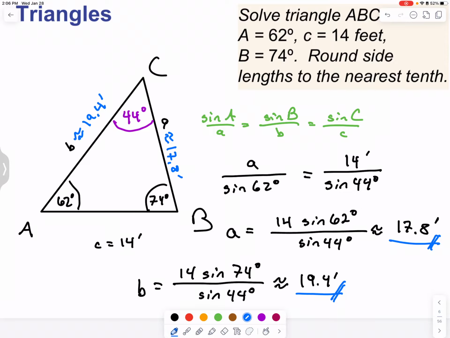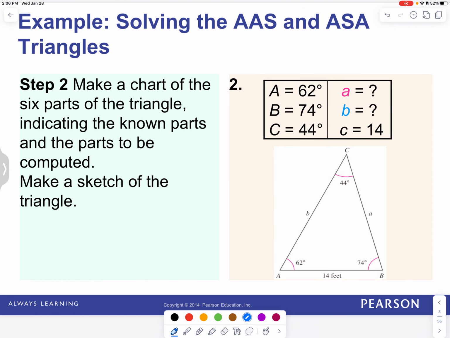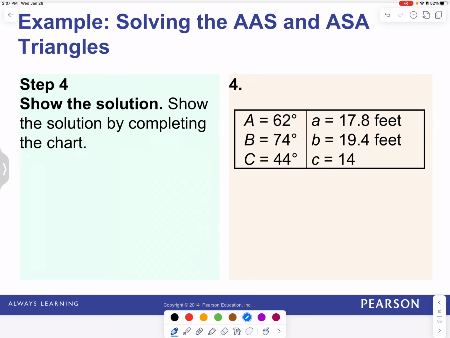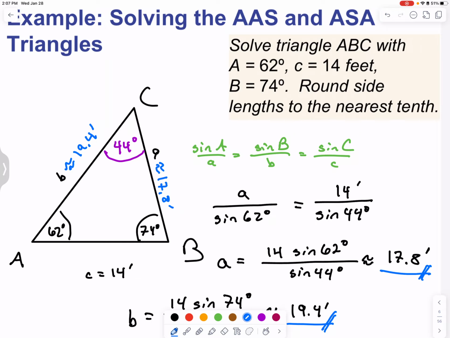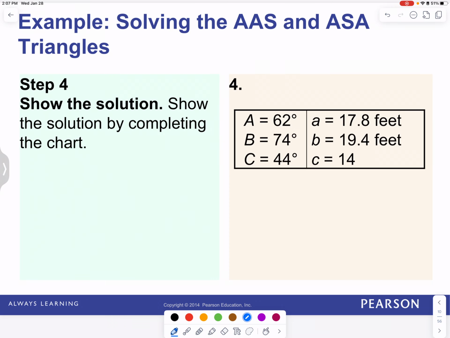So we got our angles. We used the law of sines to find A and B, and I think we got those results. 17.8. Okay, yeah, we're good. So they essentially did the same thing that we did, okay?